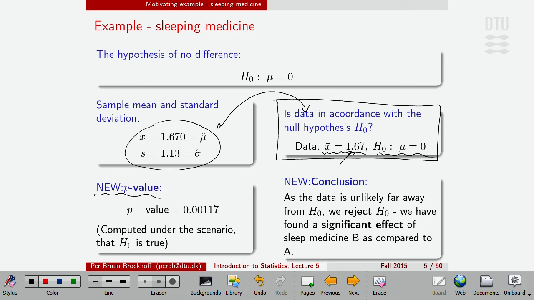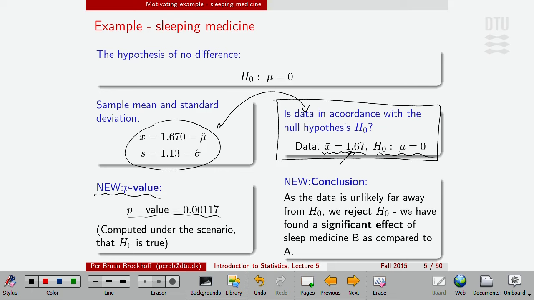Is that likely or unlikely? In this case, it only happens 1 out of 1,000 cases: 0.001. So this is the probability to see 1.67 or something just as extreme as that. We conclude that this is a pretty unlikely event.